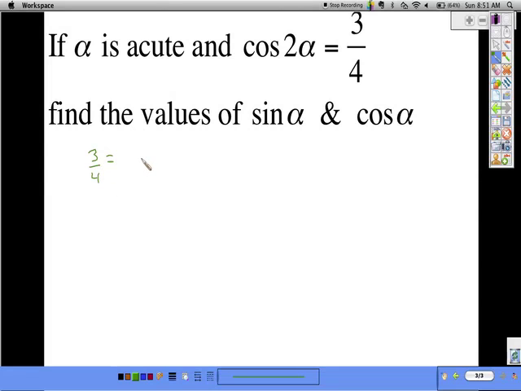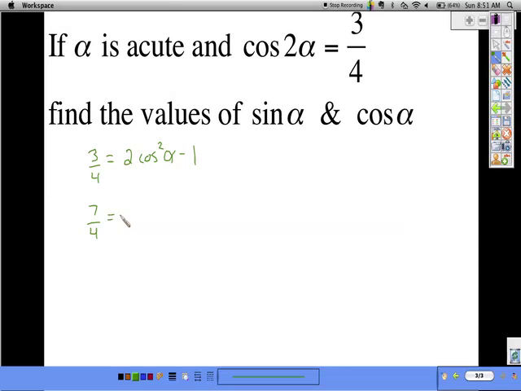We know that cosine 2 alpha by the identities is equal to 2 cosine squared alpha minus 1. Now we don't have that double angle. We're only looking at just the cosine of alpha. We can solve for cosine alpha.